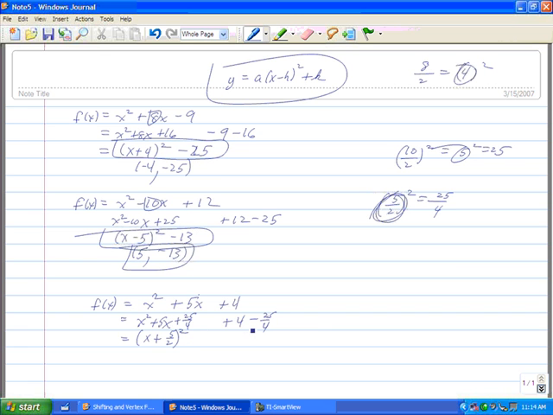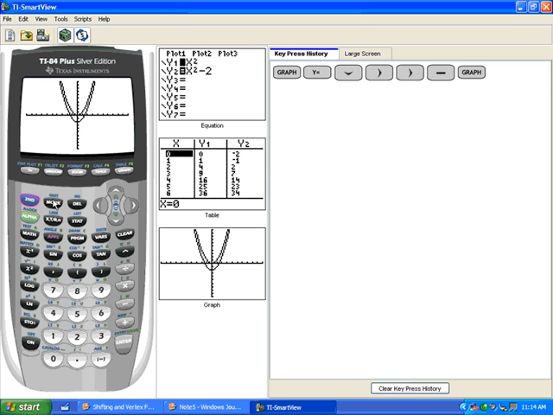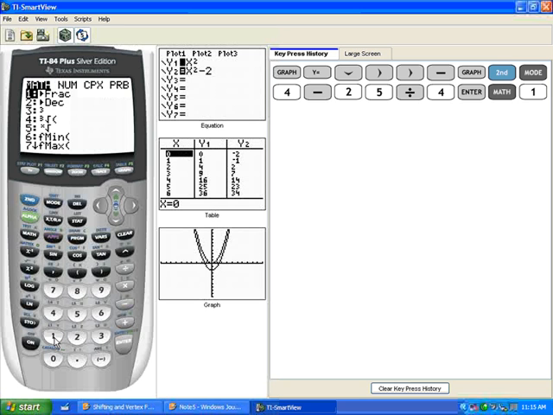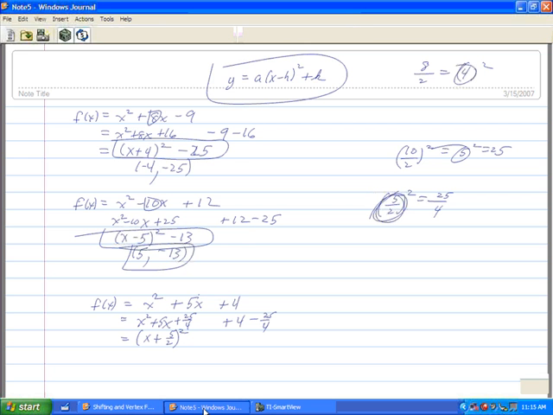Now, if you think you're going to have any trouble with this subtraction problem, we can jump straight to the calculator. We will key in the 4 minus 25/4. Of course, the calculator is going to give us a decimal answer, but we can ask it for a fraction. So when we ask for a fraction, we get this -9/4.